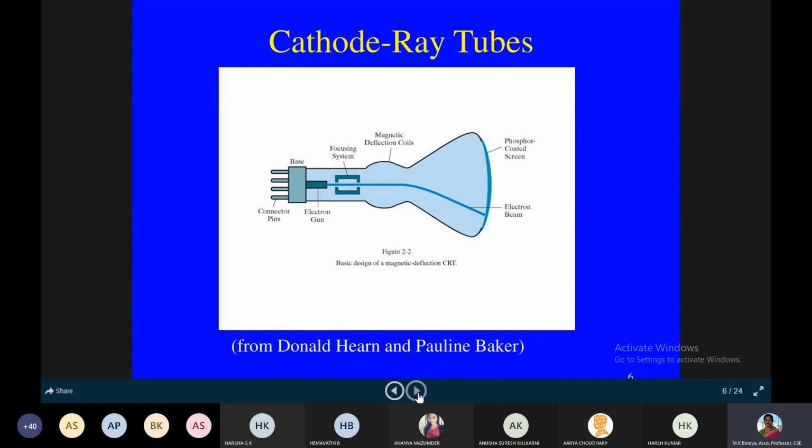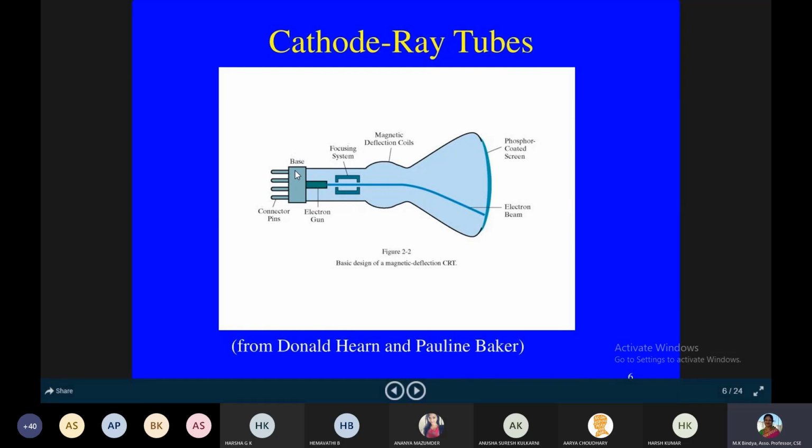Now let us discuss this CRT model in detail. As I told you, CRT stands for cathode ray tube. In the diagram, you can see the basic operation of the cathode ray tube, which consists of the base.